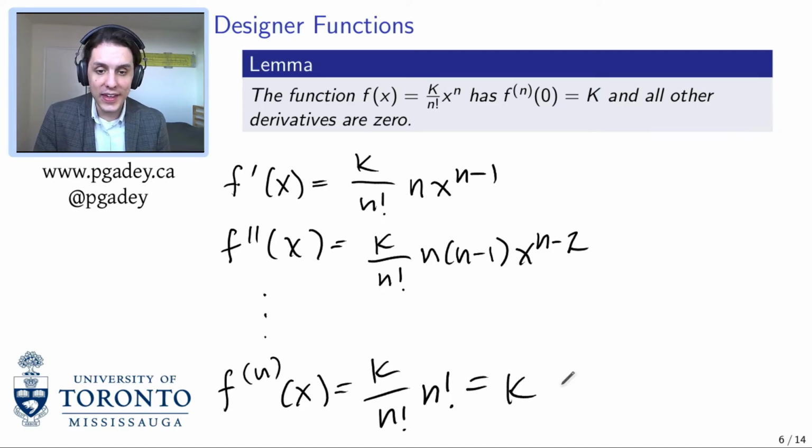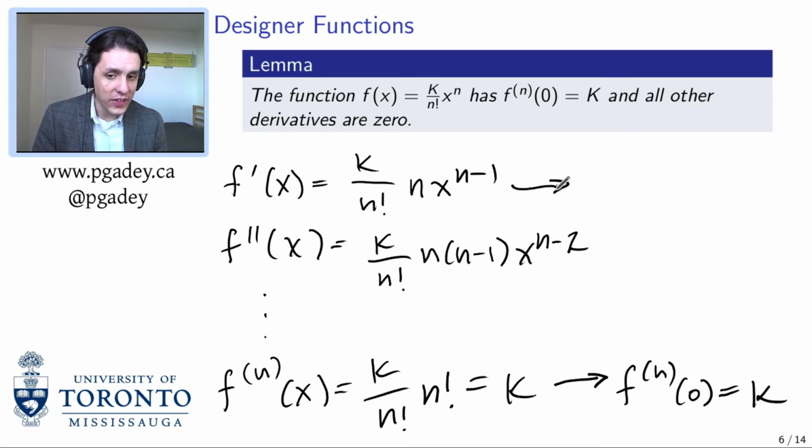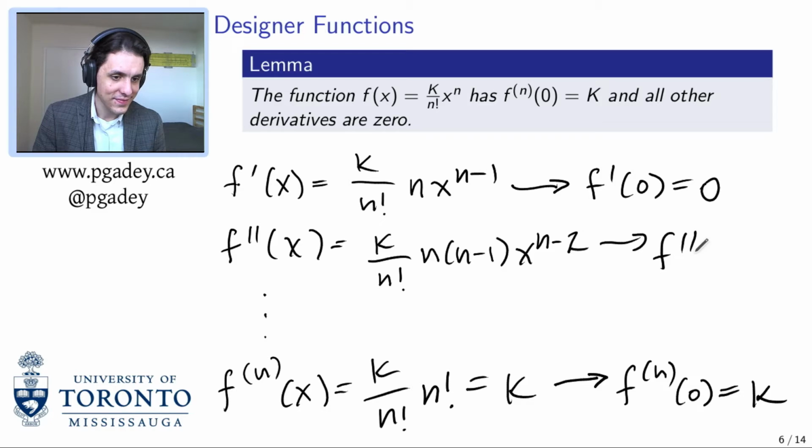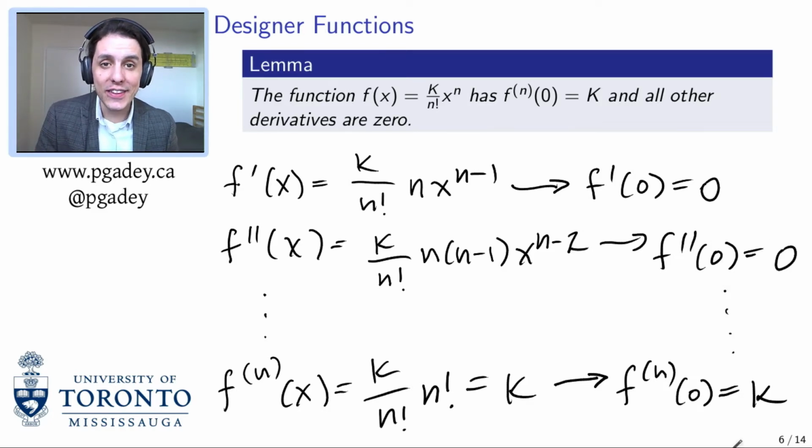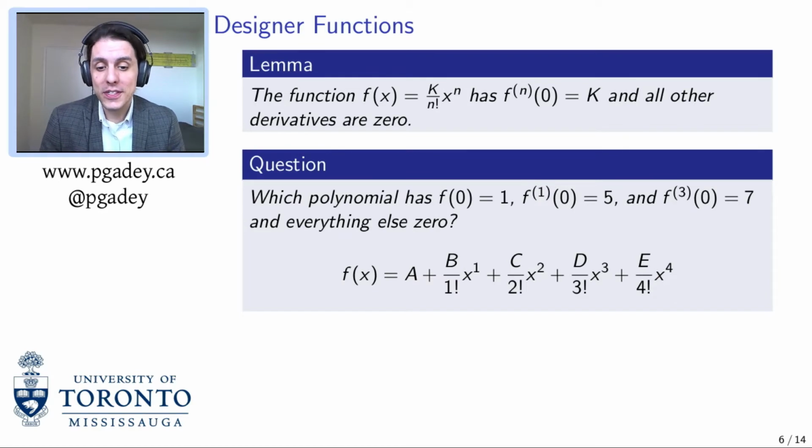Okay, so when we plug in x equals 0, we get k, and for all these other values, we're going to get 0. Okay, so everything is 0 except for the nth derivative, which is equal to k. So we've designed this function to have a very special property in its derivative. And we can put these things together to make functions with the properties that we want.